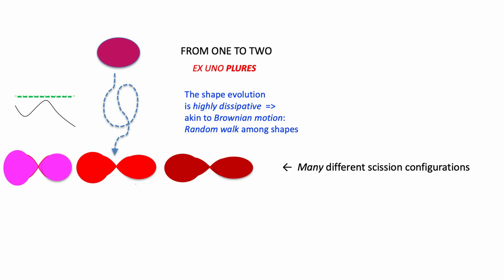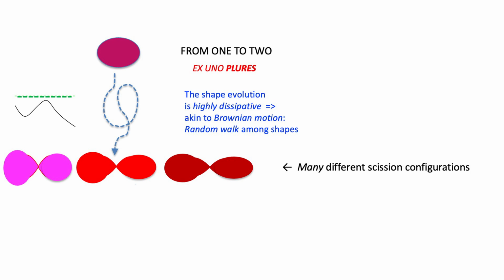And of course, in a random walk, it's random, but there are still probabilities, and the probabilities are such that the weight of a particular shape is simply proportional to how many states are available at that shape. So for example, if you're here at the top of the barrier, this elongated one, you don't have as many states available as if you are here at the minimum, right? So then you have a random walk defined, and you can do it. And this goes all the way down to scission. This will be important later.